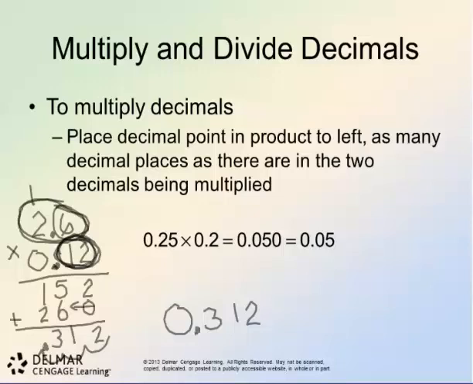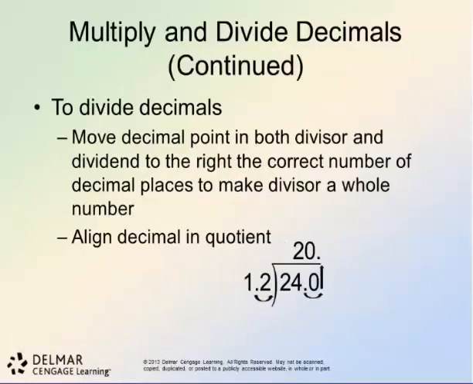So it should be a little bit more than 0.26, which it is. So we have to put that 0 out in front. Again, you could check that on your calculator if you would like to.